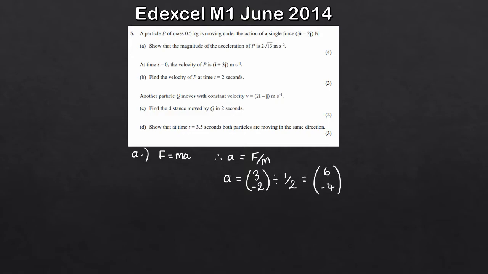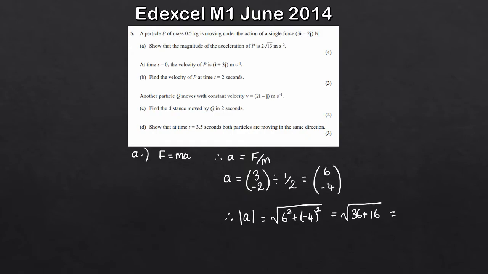But remember, we want the magnitude of the acceleration. So in that case, we square both of these, add them together, and then take the square root. So that's simply going to be the square root of 6 squared plus minus 4 all squared. Okay, if we work this out, it's going to be the square root of 36 plus 16.